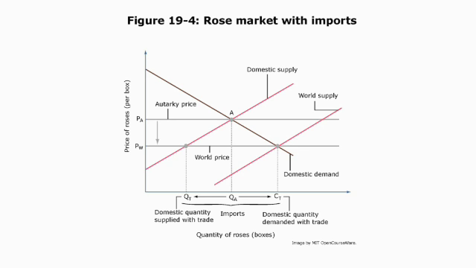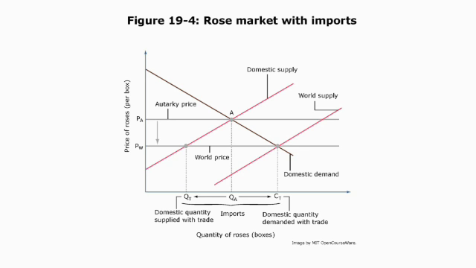But the bottom line is, you get this new equilibrium with a quantity C sub T and a price P sub W. In particular, total domestic consumption of roses has increased, but domestic production has fallen, because the new price intersects the supply curve at Q sub T. At that new lower price P sub W, US rose producers aren't interested in producing as much. So US domestic production falls from Q sub A to Q sub T.